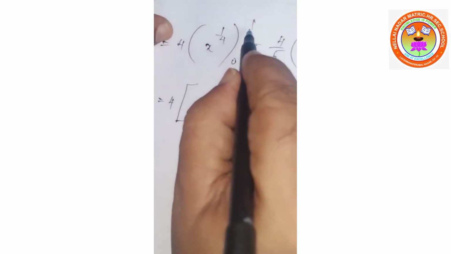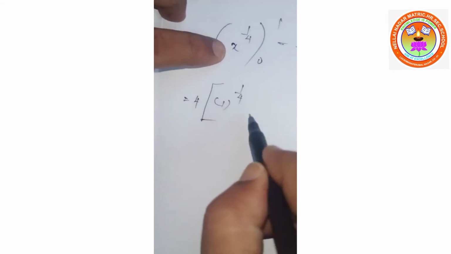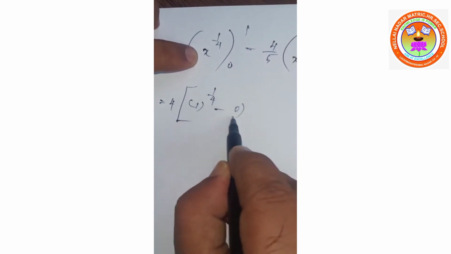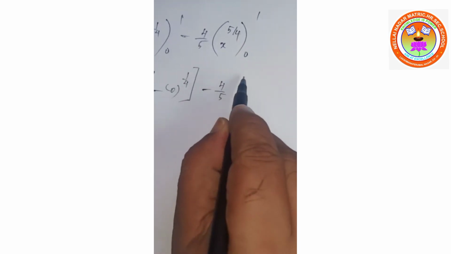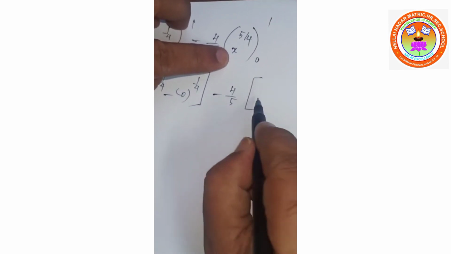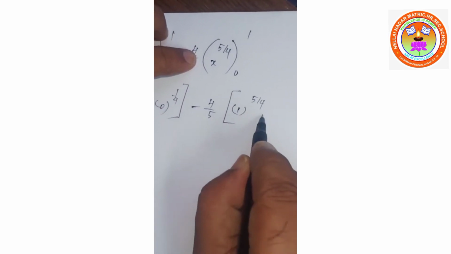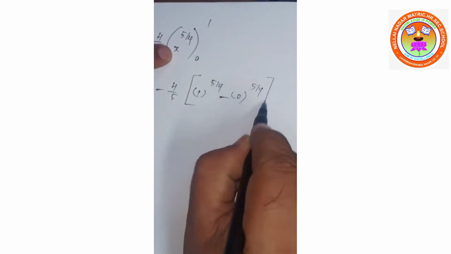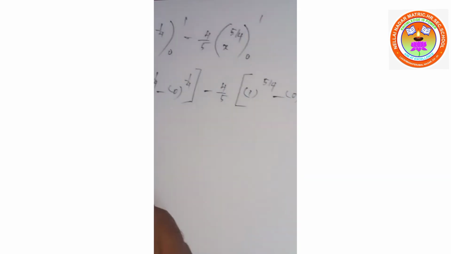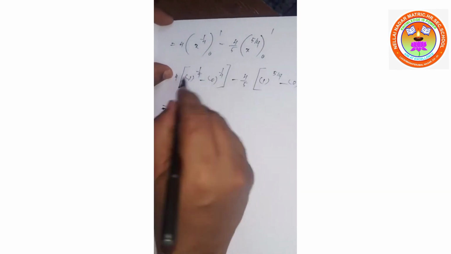Apply the limits. What is the limit? 1. 1 power 1 by 4, replace x by 1, minus 0 power 1 by 4, minus 4 by 5 into, apply the upper limit, replace x by 1, 1 power 5 by 4 minus, replace x by 0, 0 power 5 by 4, equals 1 power 1 by 4. 1 power anything is always 1.